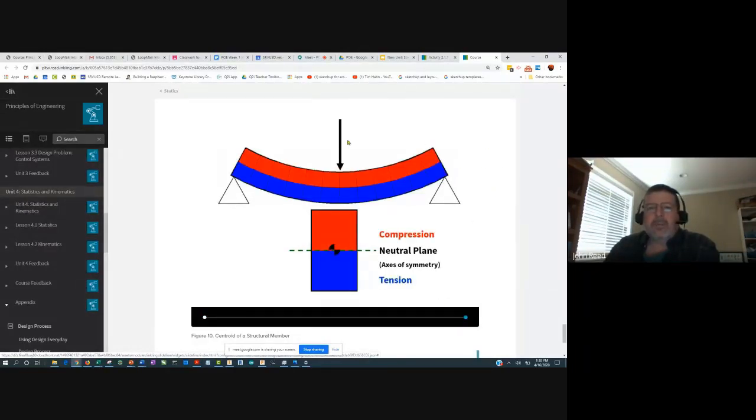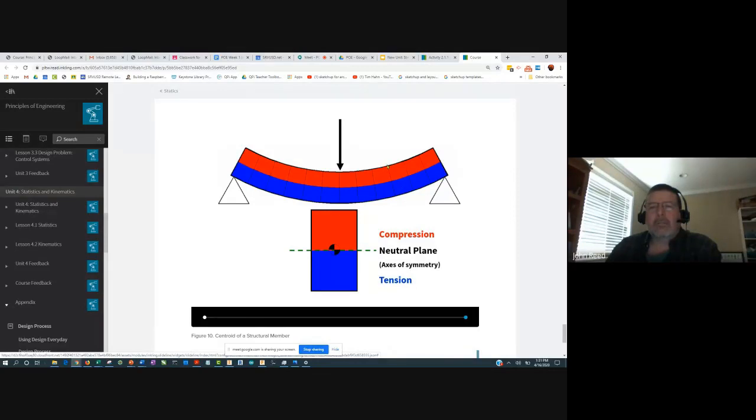It has to do with if we put a load on here, which we will, hopefully it's somewhat clear that the top, we're going to be squishing in the atoms, pushing them closer together, so they're going to be in compression. On the bottom, these atoms down here are getting pulled apart, right? So they're in tension.